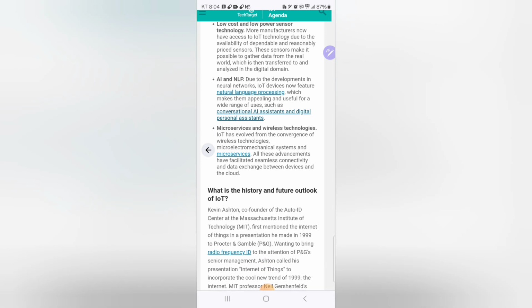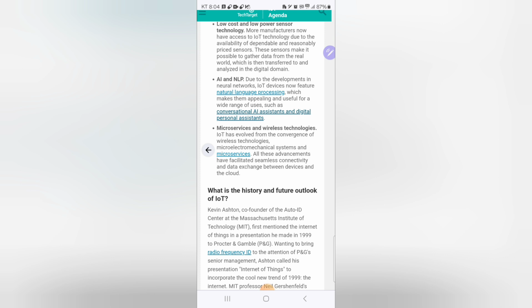Due to the developments in neural networks, IoT devices now feature natural language processing, which makes them appealing and useful for a wide range of uses, such as conversational AI assistants, voice assistants, and digital personal assistants.